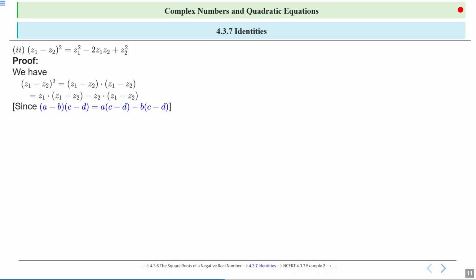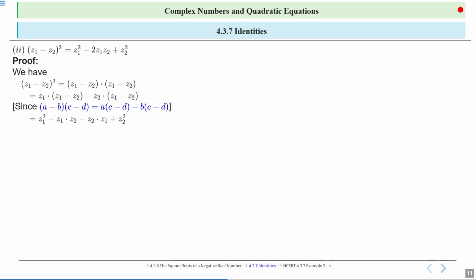Next, let's expand this product. Using a minus b times c minus d equals a times c minus d minus b times c minus d, we get z1 times z1 minus z2 minus z2 times z1 minus z2.